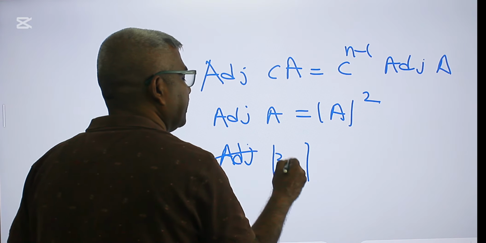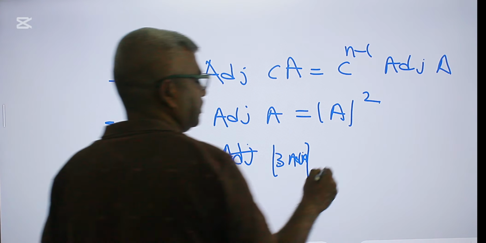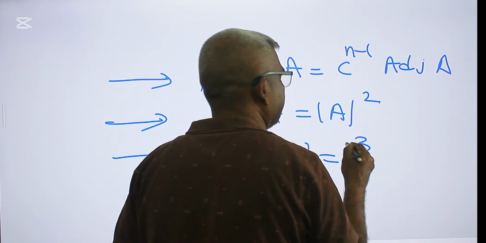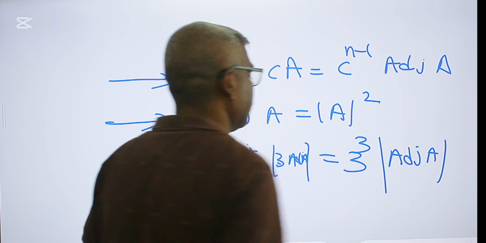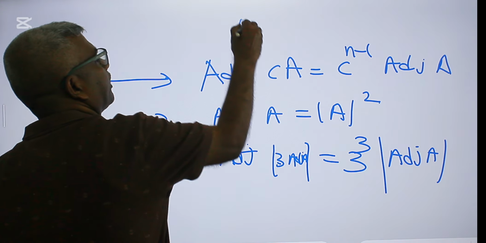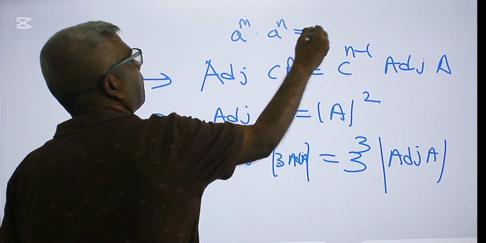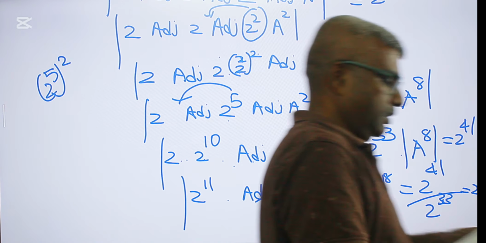Determinant of 3 adjoint A means if you want to take 3 out, it is 3 cube, because it is a 3 cross 3 matrix. Adjoint A. Okay. Then another rule we know, A power m times A power n is A power m plus n. Very nice. Copy it down.